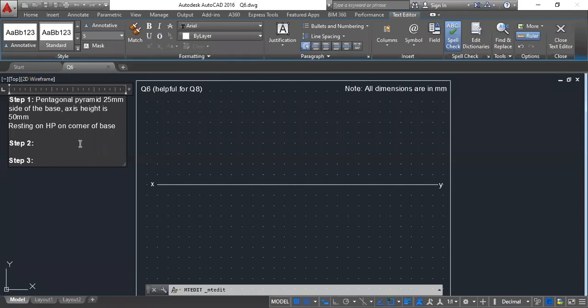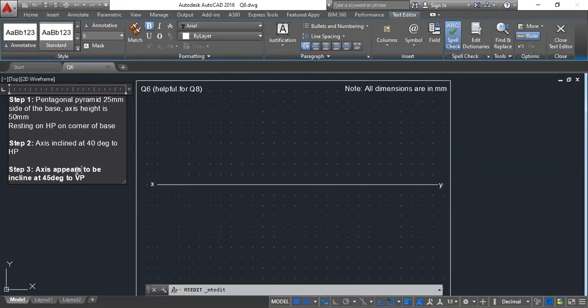Step 2 will be axis inclined at 40 degrees to HP. So it is resting on HP, so inclination with respect to HP will be my step 2. So again, the axis appears to be inclined at 45 degrees to vertical plane.